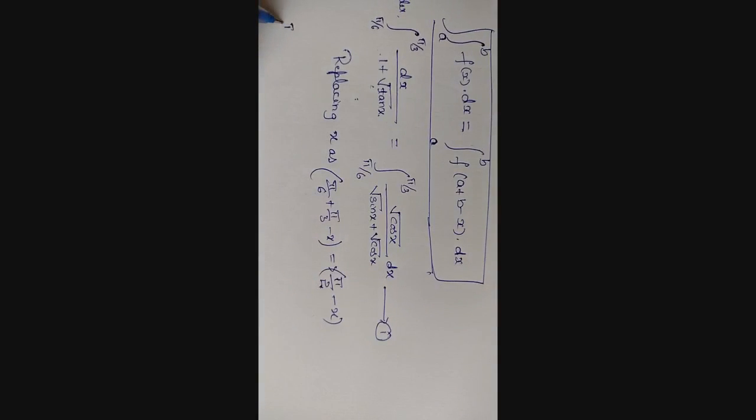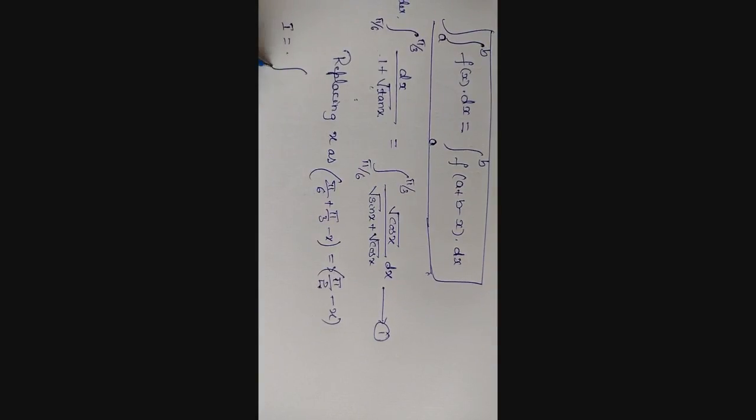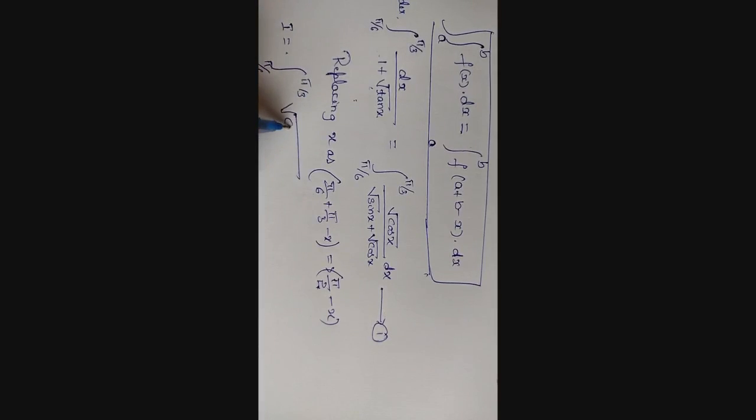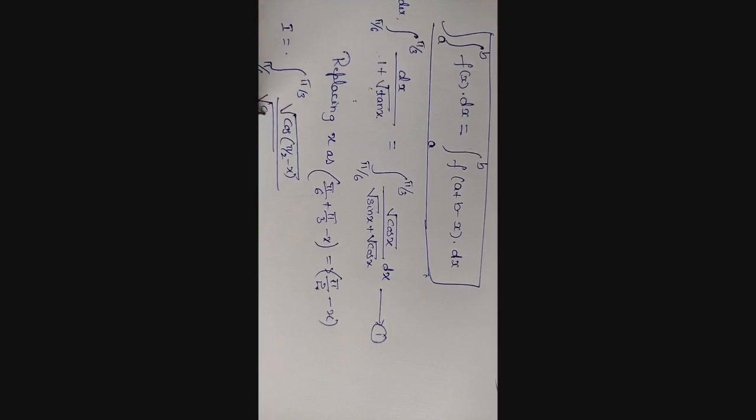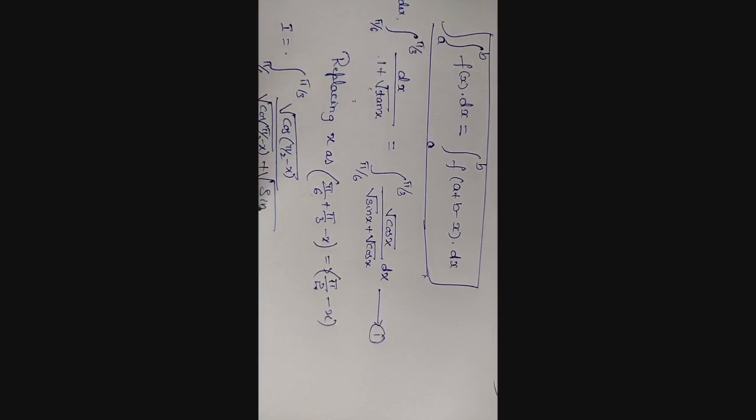Then I is equal to the integration of pi by 6 to pi by 3 root of cos of pi by 2 minus x divided by root of cos of pi by 2 minus x plus root of sin of pi by 2 minus x into dx. Clear?